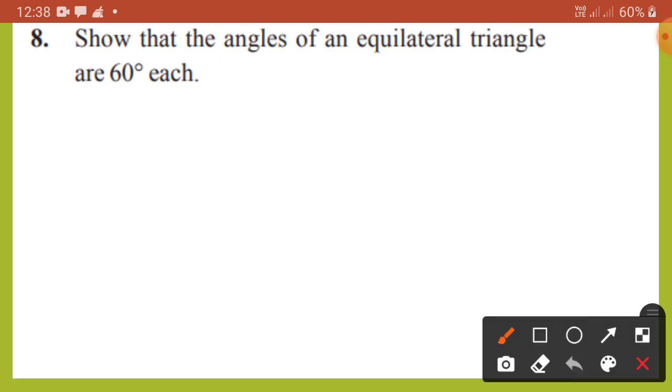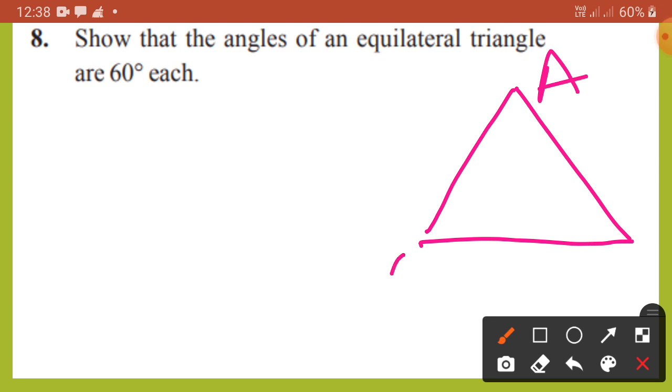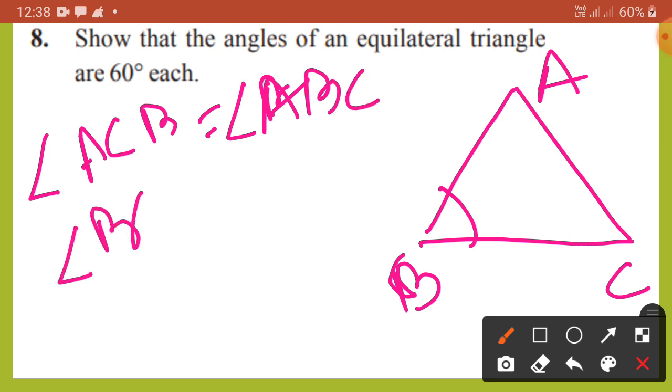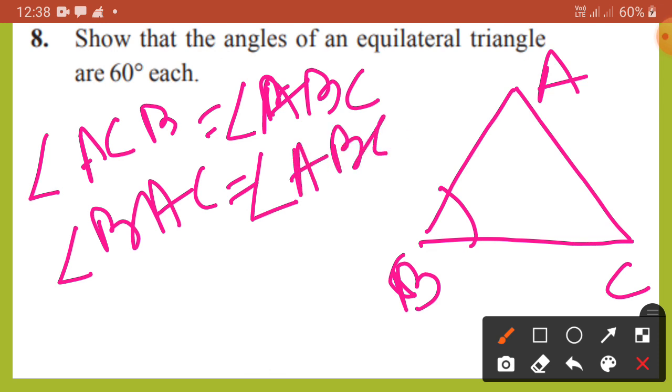Ultimately we got that in this triangle ABC, angle ABC equal to 60, and already we proved that angle ACB equal to angle ABC and angle BAC is equal to angle ABC.